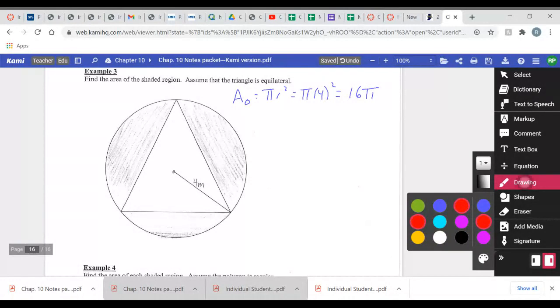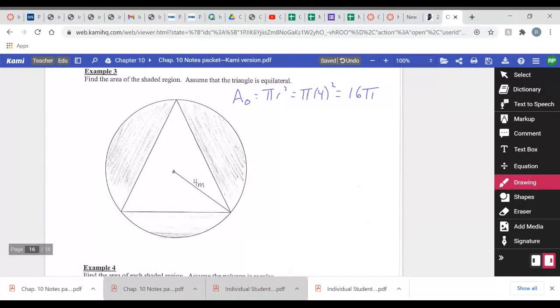So that part was easy. I'll switch colors here. Okay, now to get the area of the regular polygon, 1/2 apothem times perimeter. If I look at this triangle, I don't have the apothem right now, and I don't even have a side length to get the perimeter. So I need to do some work to get that. I'm going to make my triangle here.